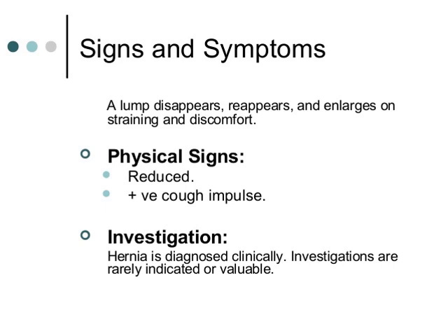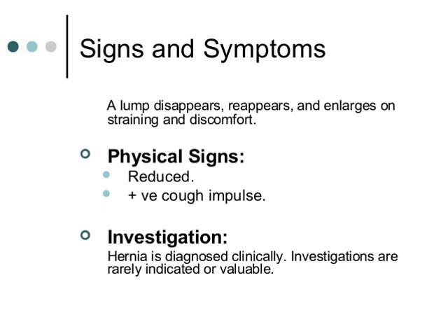This is expansile, and an impulse will hit your hand. This is the impulse. So it is an expansile impulse on coughing. If the hernia is strangulated, the expansile impulse on coughing will be lost and it will be irreducible. So the most important is swelling at the anatomical site of the hernia.